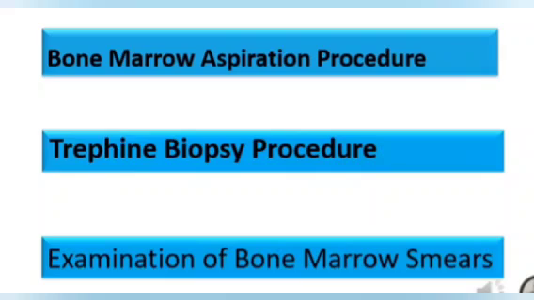So up to here we can summarize the whole lecture, that first we learned about the bone marrow. Bone marrow is a spongy connective tissue, present in the hollow cavities of the bone, and that is known as bone marrow. Bone marrow can be divided into two different parts: yellow marrow and red marrow.